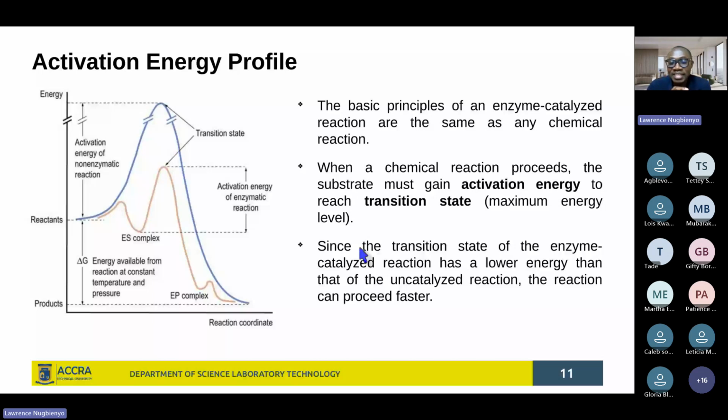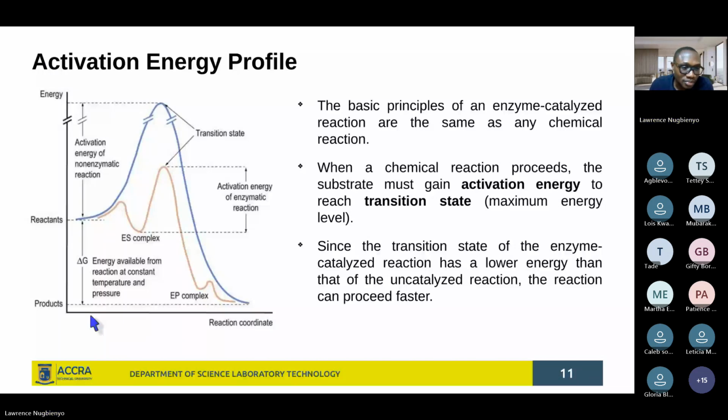So it means that for a reaction to occur, if you look at the energy profile on the left side, you see the reactants are at a certain energy level. On the vertical axis, you have energy, and on the horizontal axis, you have reaction coordinates.